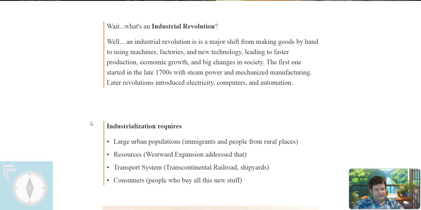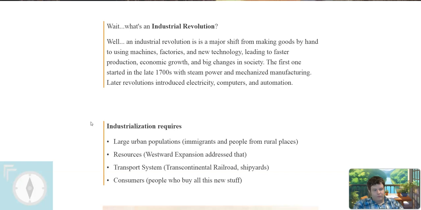Factories also locate in cities for other reasons, mainly because cities are the center of a lot of different things. Transportation converges there. You have large numbers of people who, in theory, can do work as well, things like that.